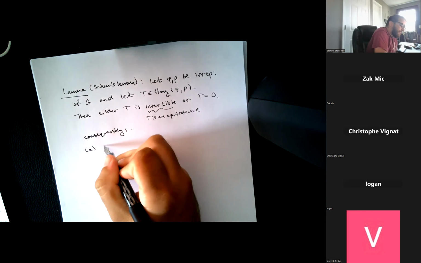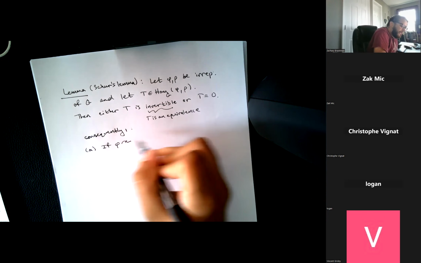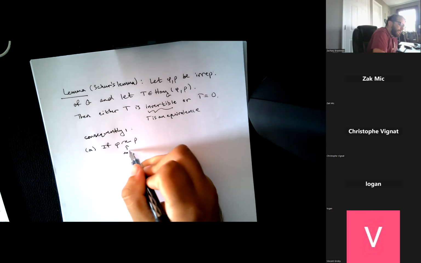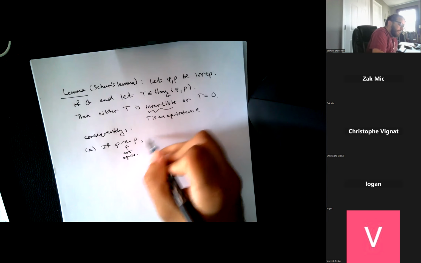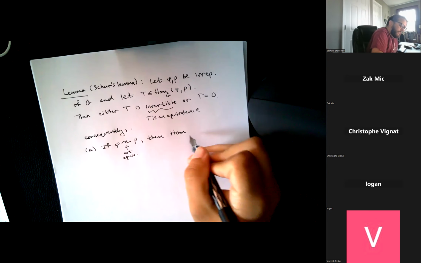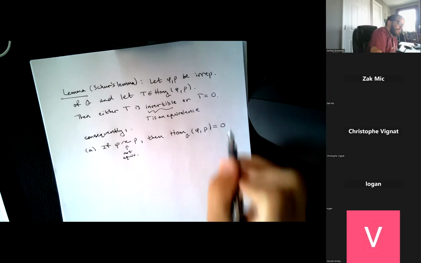One is that if phi is not equivalent to rho, then the Hom set, the set of all morphisms from phi to rho, is equal to 0.